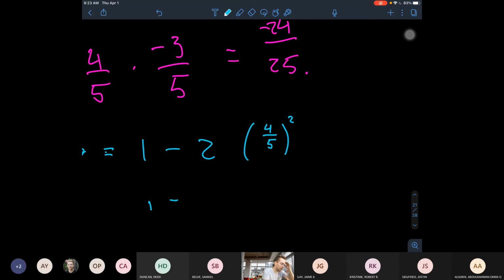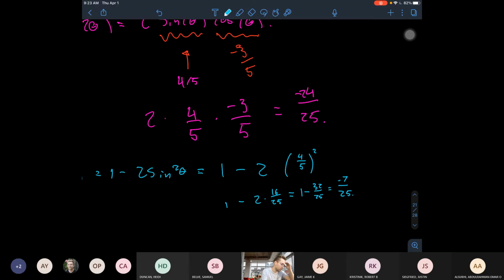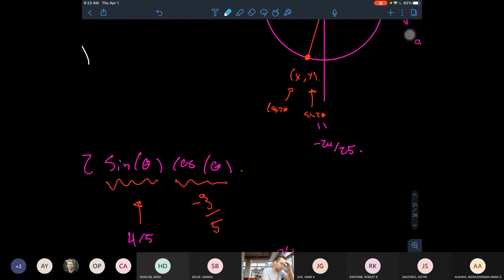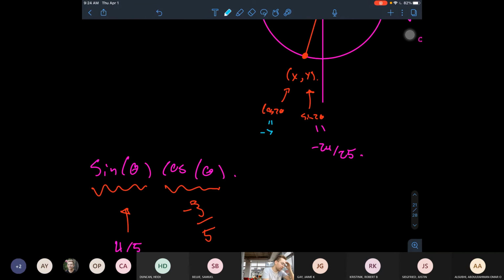Well, 1 minus 2 times 16 over 25 is equal to 1 minus 32 over 25 is equal to 25 minus 32 is negative 7 over 25. So in this case, the x-coordinate of this point is negative 7 over 25.